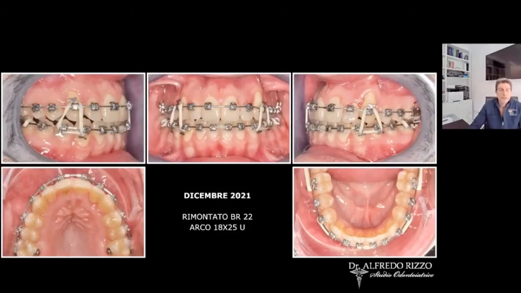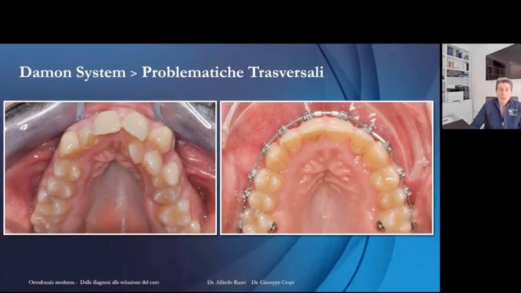In December 2021, we stopped the expansion while keeping the triangular elastics in order to completely close the bite. I have put the upper arch wire 18/25 because I'm planning to rebond the bracket on 2.2.